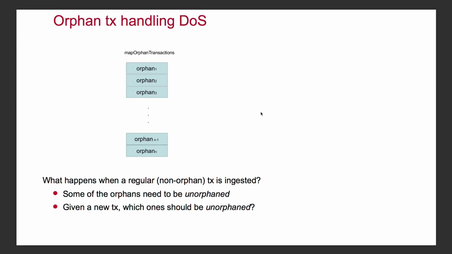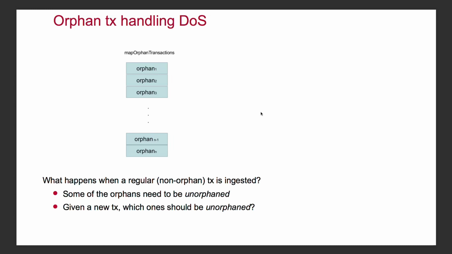However, when someone sends a regular non-orphan transaction, this transaction may actually be the parent transaction that an orphan transaction is missing. In that case, the transaction needs to be unorphaned. If we have an orphan transaction, that means one parent transaction of that orphan transaction is missing, and a regular transaction may be the parent that we're missing.